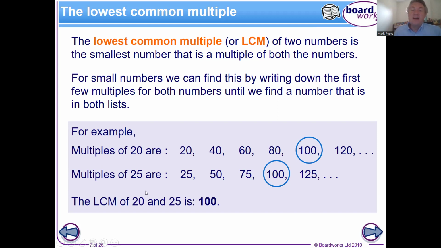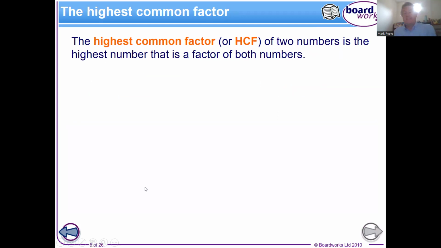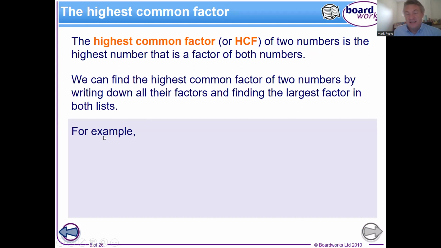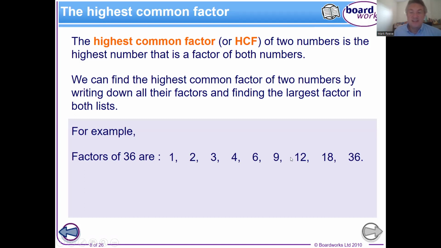Now, the highest common factor is the highest number that is a factor of both numbers. Bear in mind that a factor needs to leave an integer result when you divide by it. Again, we can list out all of the factors. Factors of 36 are 1, 2, 3, 4, 6, 9, 12, 18, and 36.